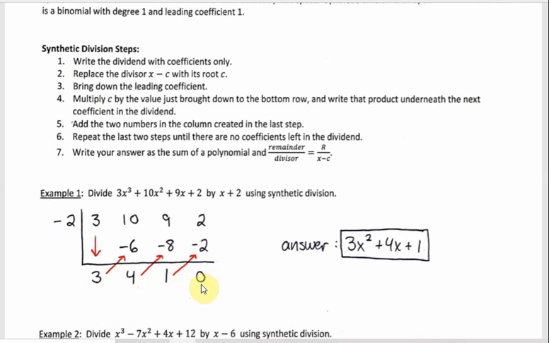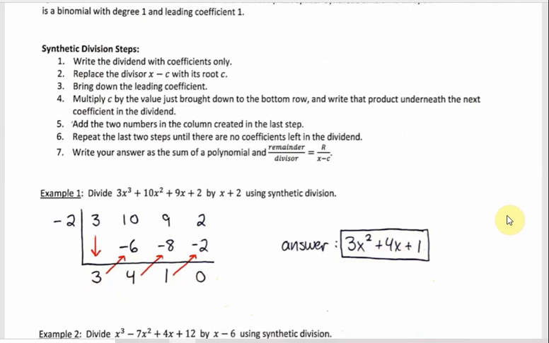So the last one's always the remainder, and the 3 in front of it are going to be the coefficients. And then what you should have for the degree is 1 less than the degree of your dividend that you started out with, because your divisor was degree 1. So you'd be subtracting 1 from the degree since you're dividing by something of degree 1. So this should be 3x squared plus 4x plus 1, 0 remainder. And that's exactly what we end up with here.